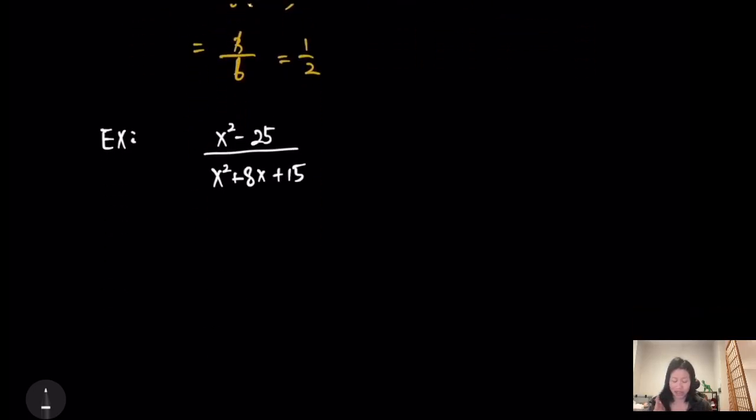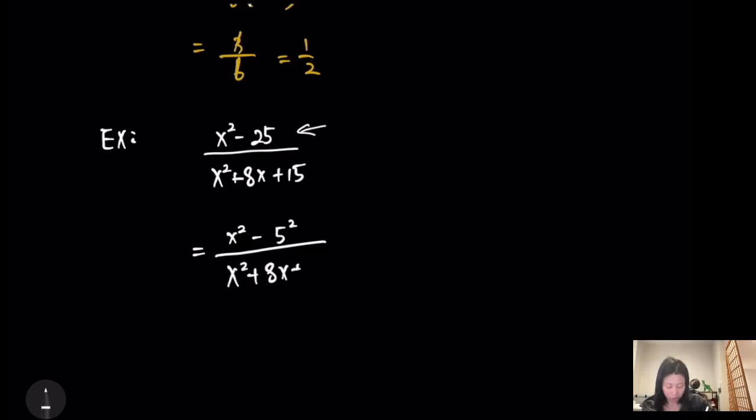This one actually is a special product. If you remember, the top you can view as x squared minus 5 squared. On the bottom, you have 3 terms. With 3 terms, we will try to use the AC method or the perfect square.